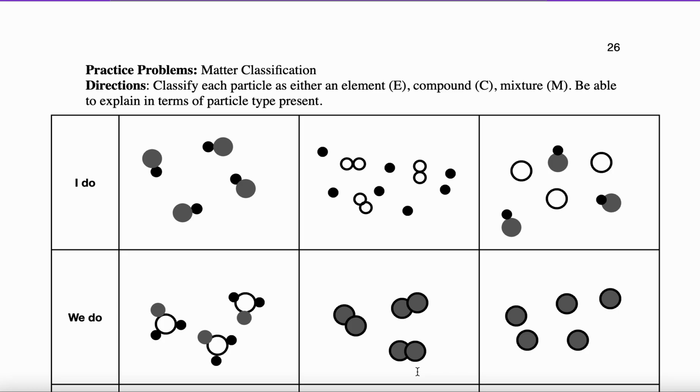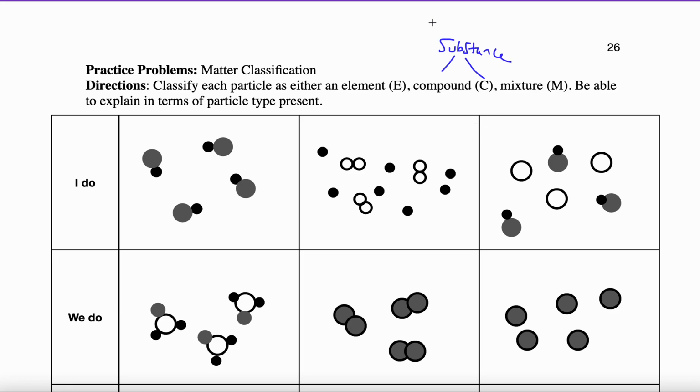We're still looking at matter classification and being able to work with these particle diagrams. So our job is to look at each of these particle diagrams and determine whether it represents a mixture, an element, or a compound. Now, an element or compound are specific examples of a substance.